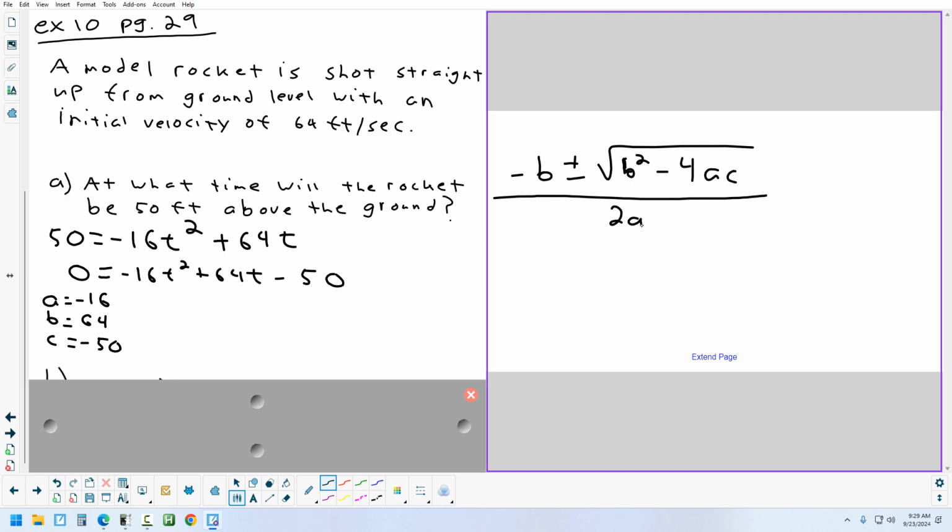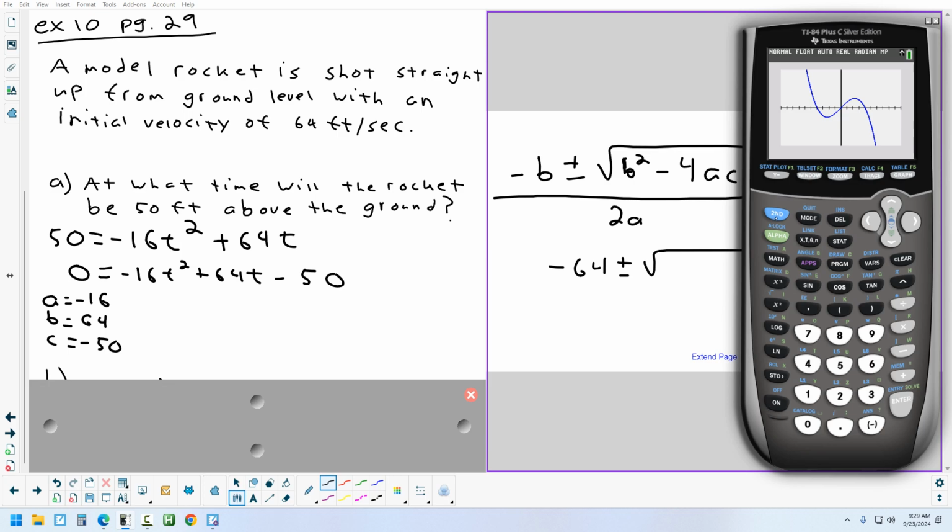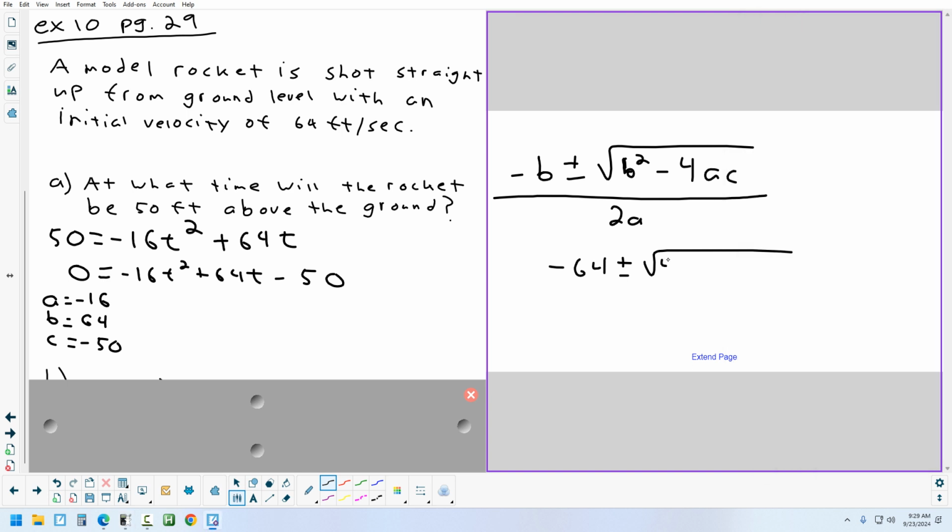They're going to get big, but that's why we're going to use the calculator. So b is 64. So negative b plus or minus 64, and I need to raise that to the second power. Let's take 64, raise to the second power. It's not that big, but 4,096.